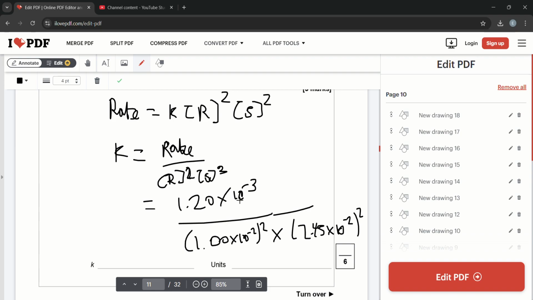Then we get a value of K as 9992, which is equal to what? 1.99 times 10 to the power 4.